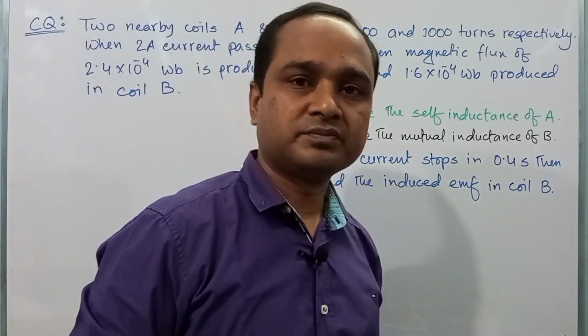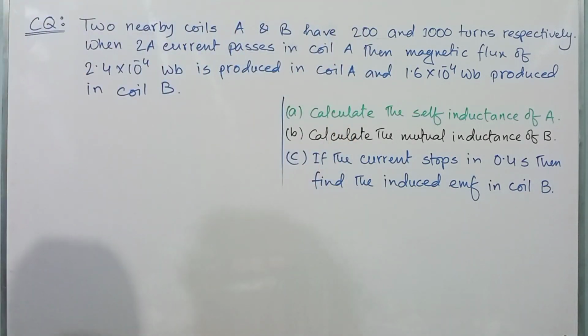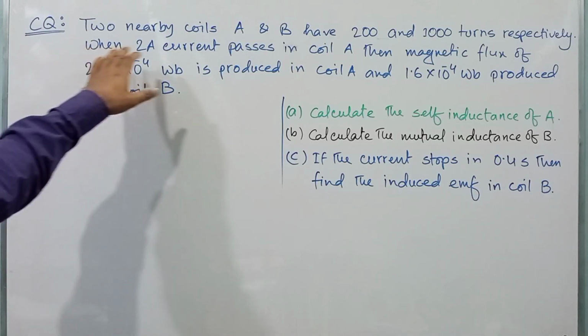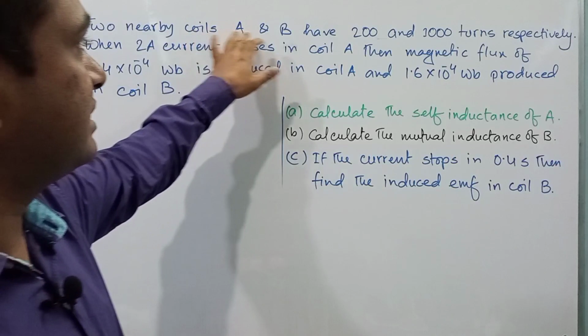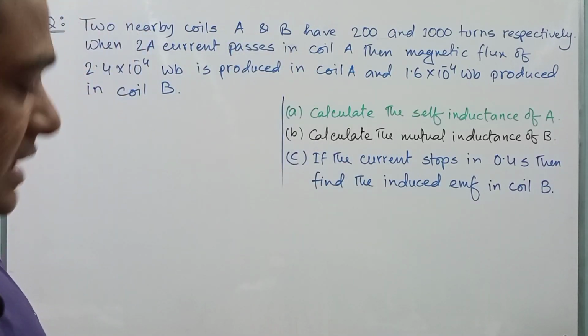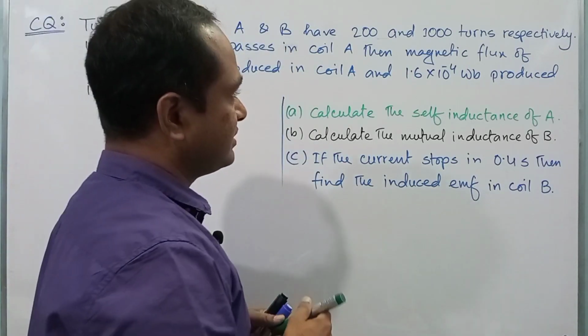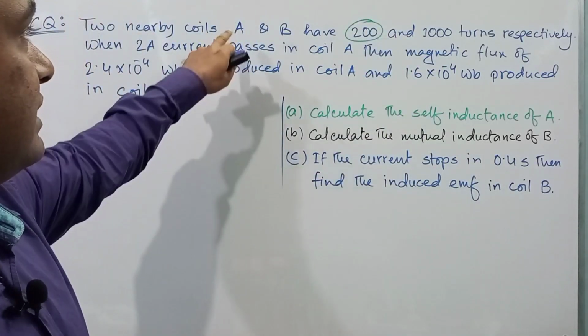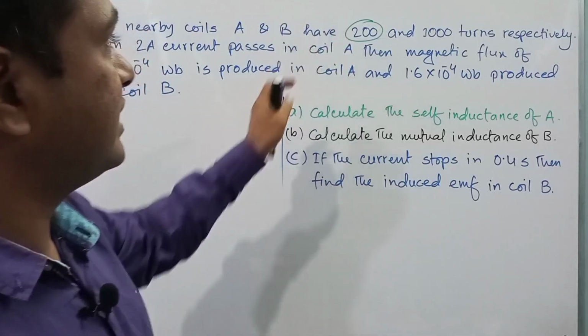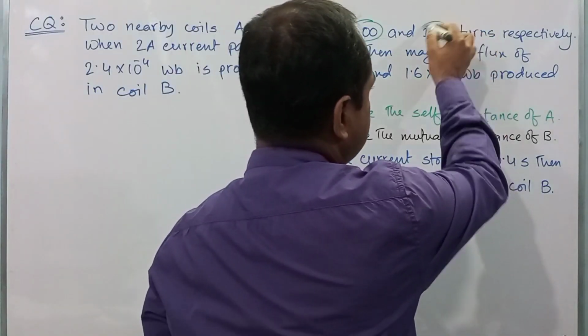Dear student, here is a creative question. The question said that two nearby coils A and B have 200 and 1000 turns respectively. That is, the number of turns in coil A is 200 and that in coil B is 1000.